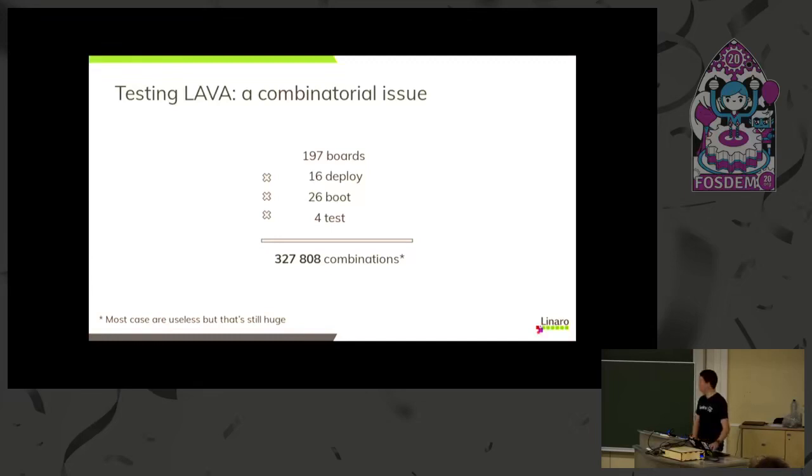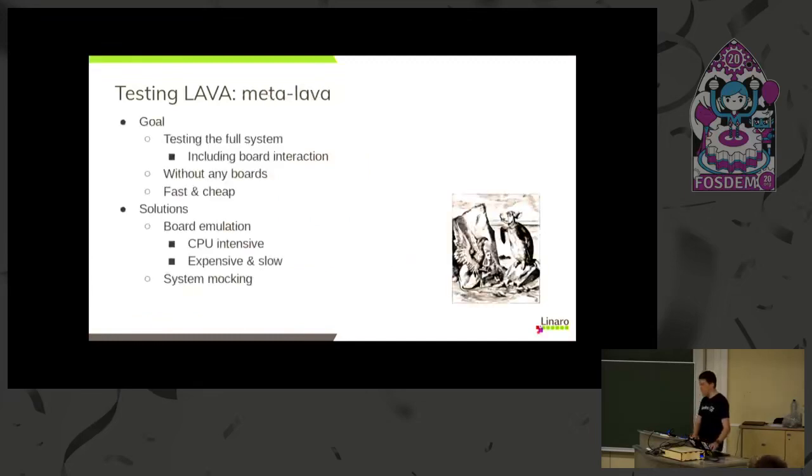We want to be able to test the full system, so the server, the dispatcher, and the board interaction. That's what we want to test, in fact. Without any boards, because that's really costly. If we want to have 197 boards, we need a really large amount of money and a really large board lab. And we want to be fast and cheap.